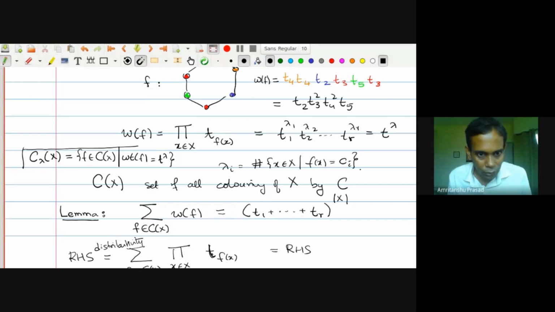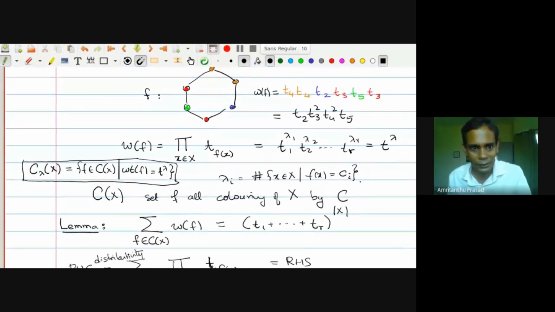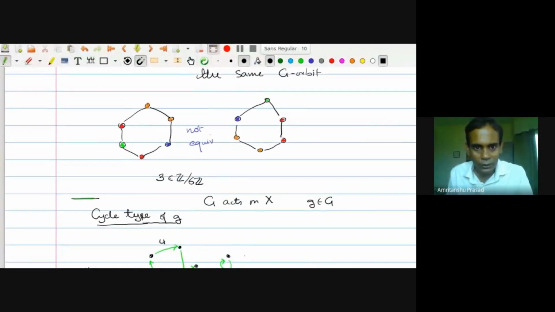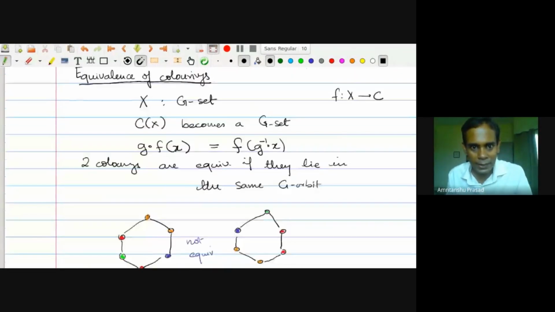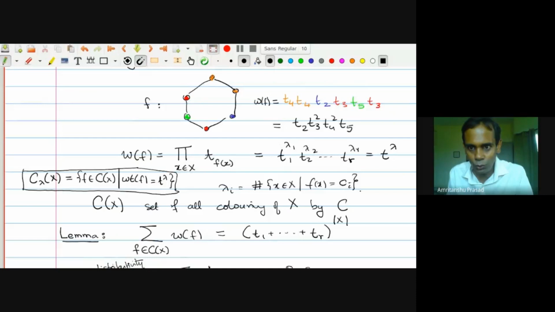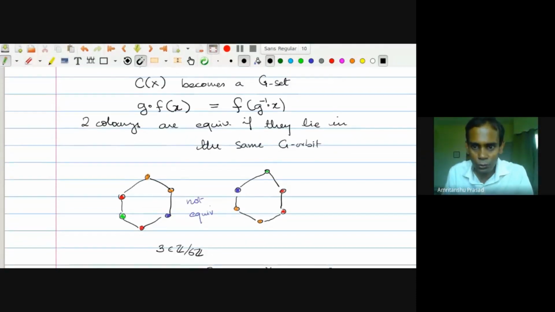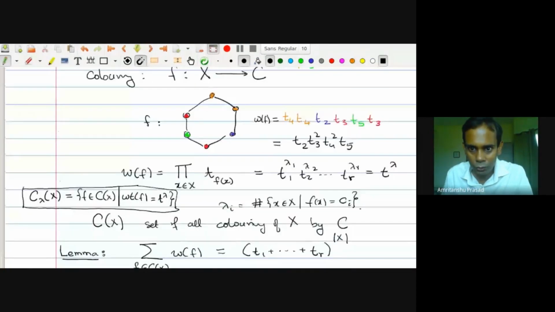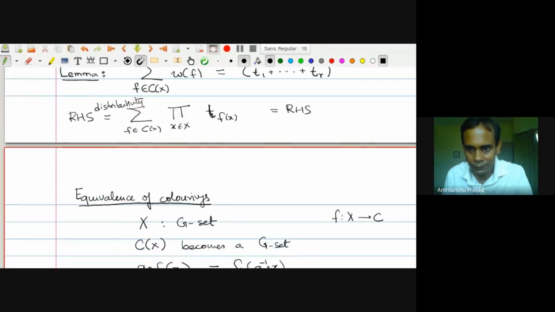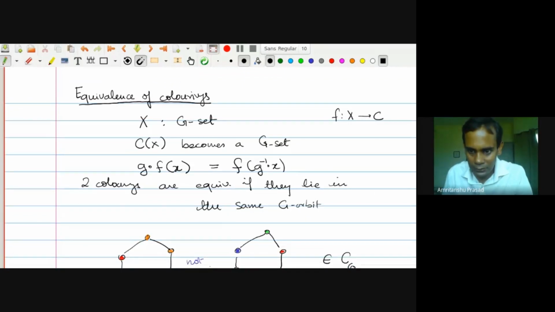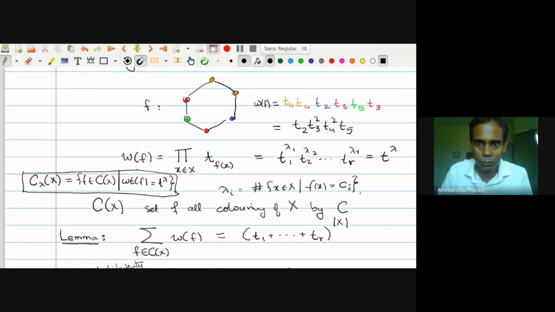These are all the isomers with the same atoms, in some sense. Both of these have the same weight: t2, t3 squared, t4, t5. So these two belong to C subscript, where 1 occurs 0 times and 2 occurs once. Let me copy out this monomial here.